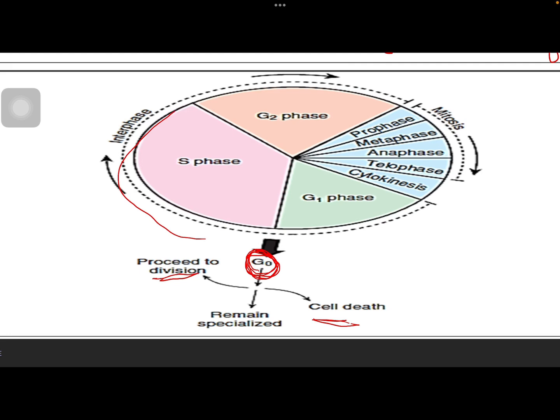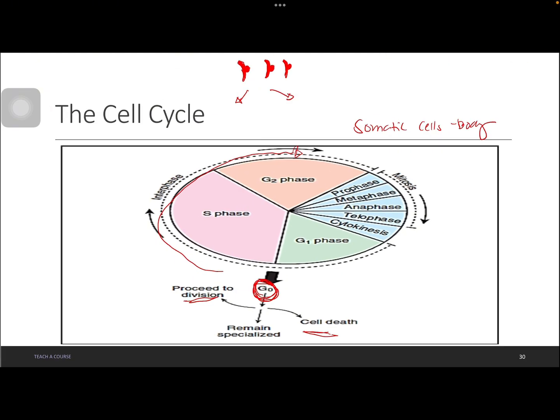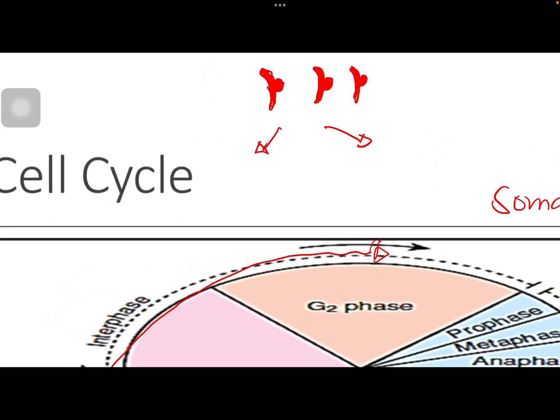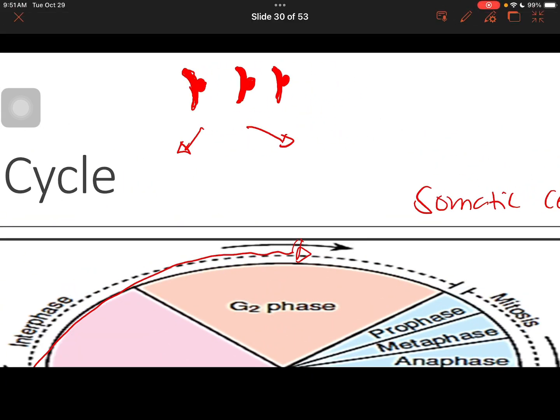So, all in all, in this interphase, class, remember this 46 chromosomes. During interphase, this will be multiplied by 2, specifically the chromatids. They will become two. Our chromatids will multiply. The original count of our chromosomes is 46 chromosomes with 46 chromatids.